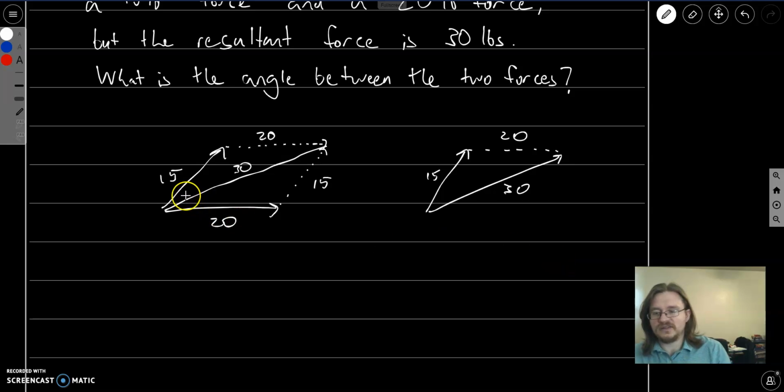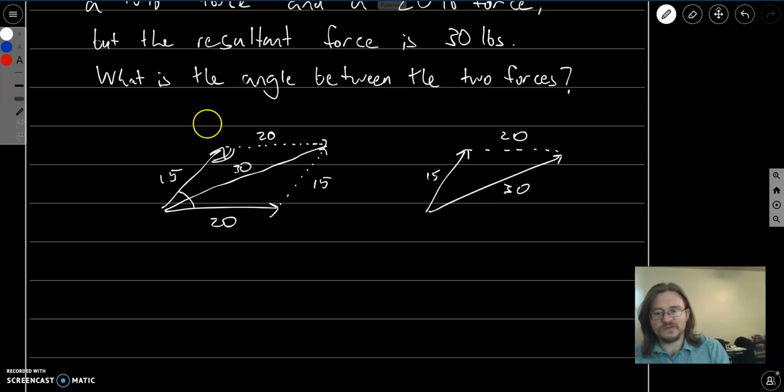So what we want to do is find the angle between our 15-pound force and our 20-pound force. So the trick here that I'll let you know, if we find this angle up there, this is the supplementary angle.